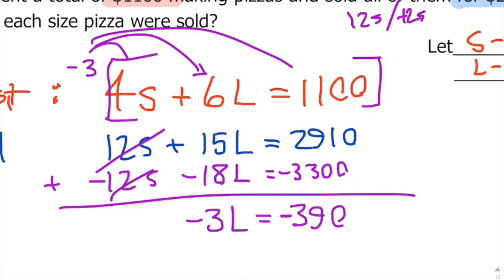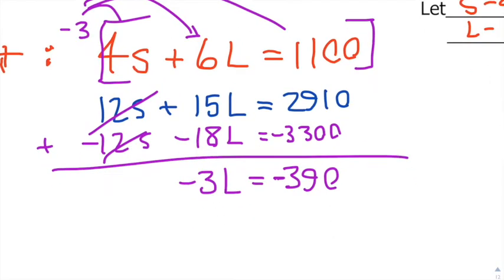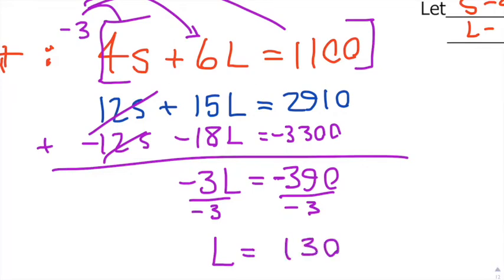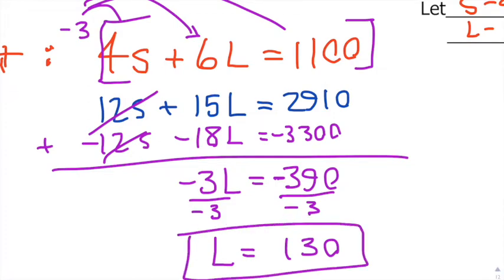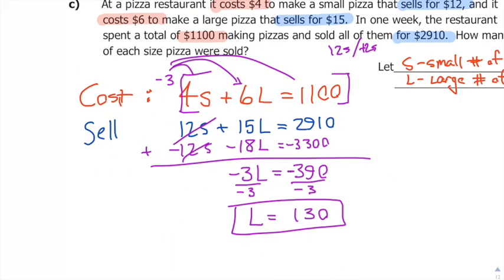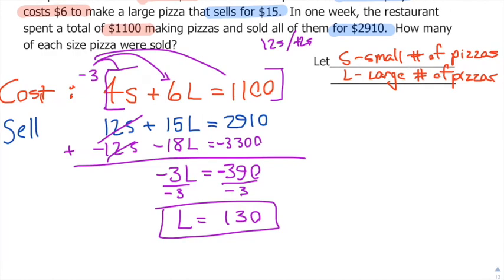But some of y'all might be saying, well, okay, it can have negative 390, but this other side's negative as well. So it looks like negative 390, so we can divide by negative 3, and that should cancel out our negatives. That should be 130 larges right there. So that was the number of larges.